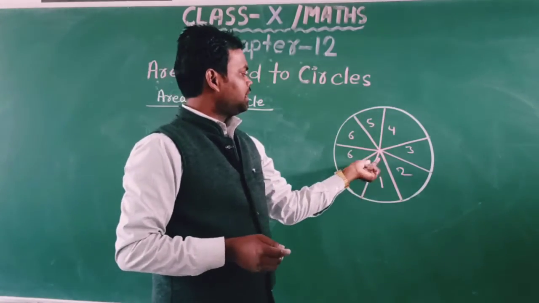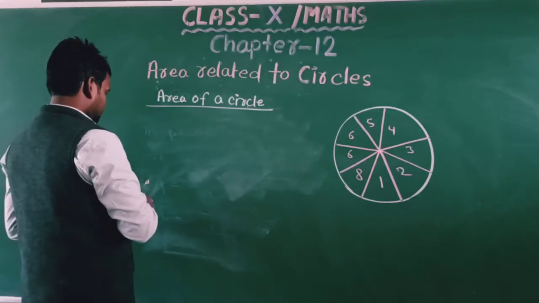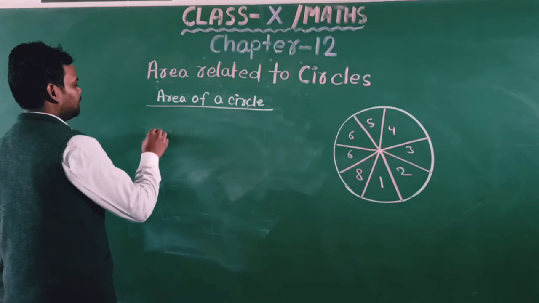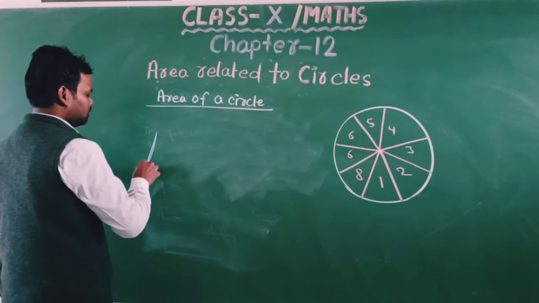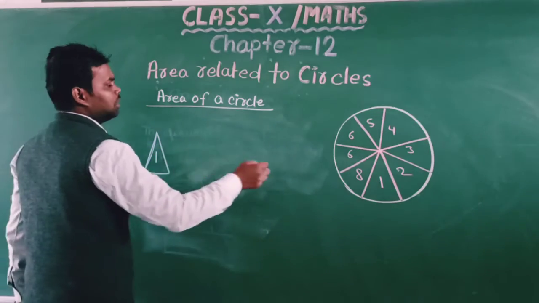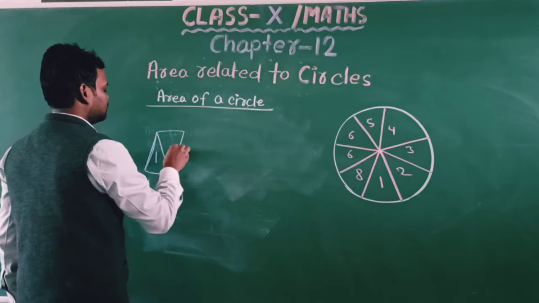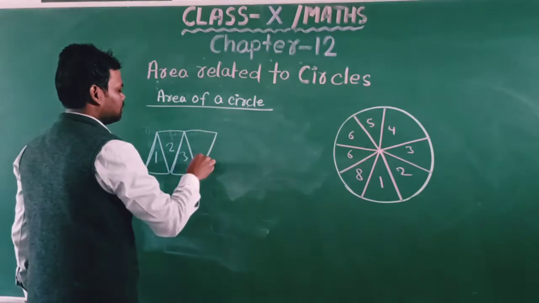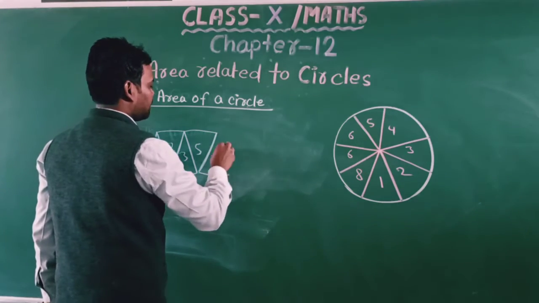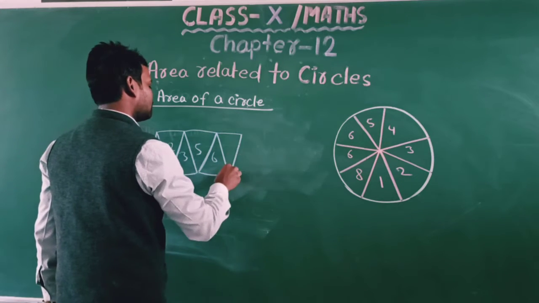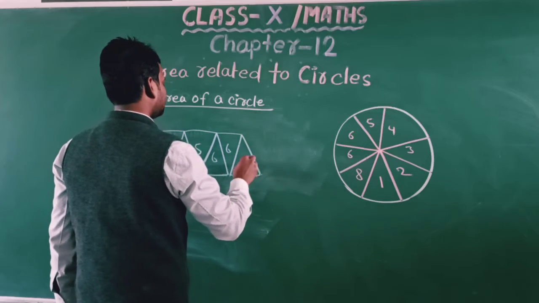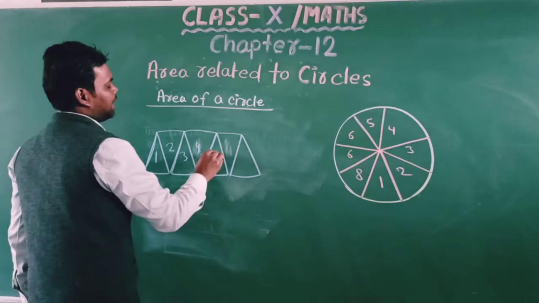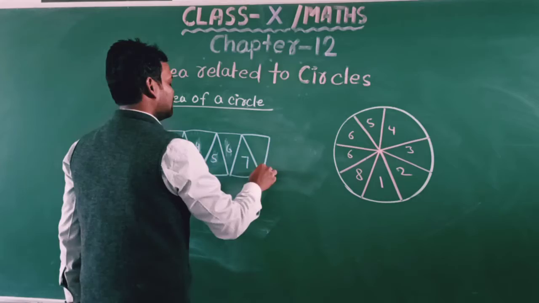Now we arrange these sectors in this form: this is the first part, next part 2, and this is 3, 4, 5, 6, 7 and 8.